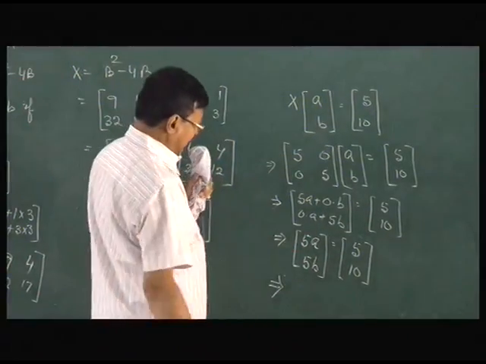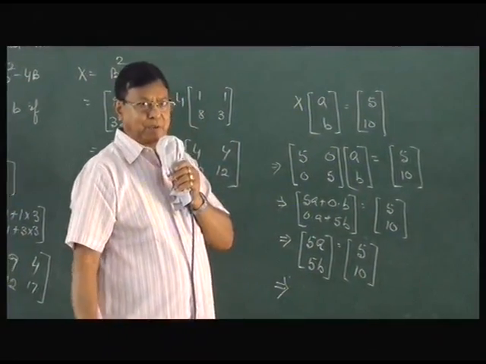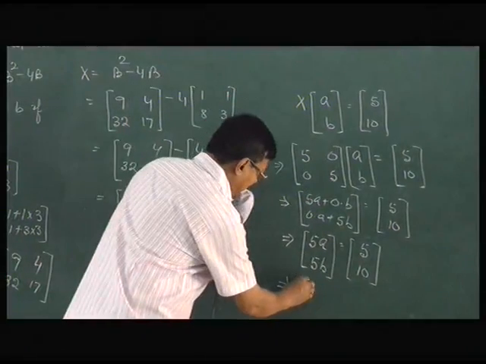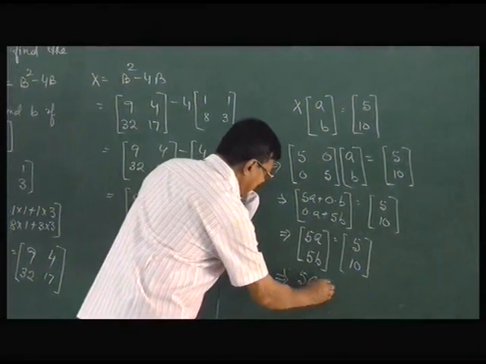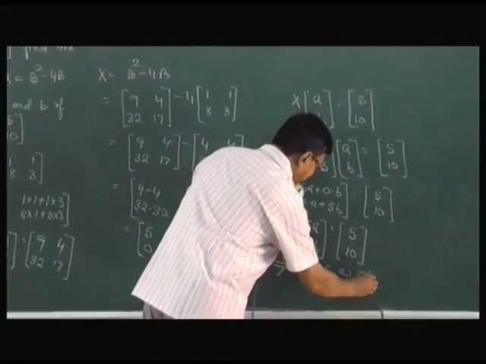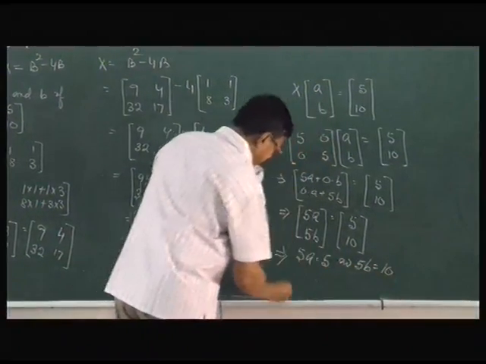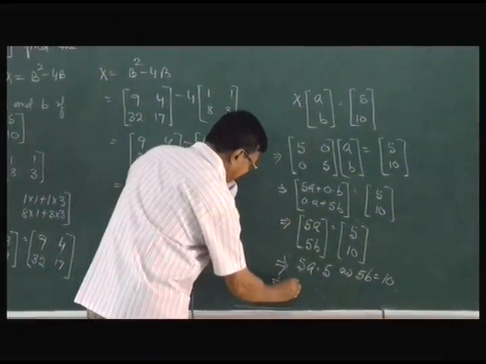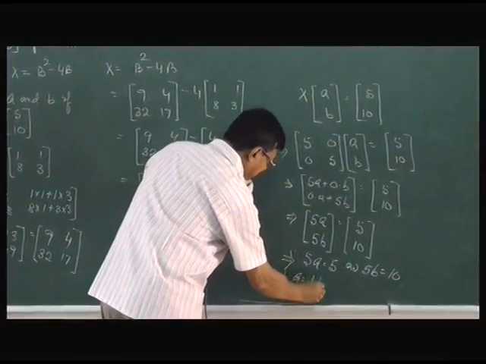So here the two matrices are equal, corresponding elements are equal. So equating the two matrices, 5A is equal to 5 and 5B is equal to 10. So A is 1, B is 2.